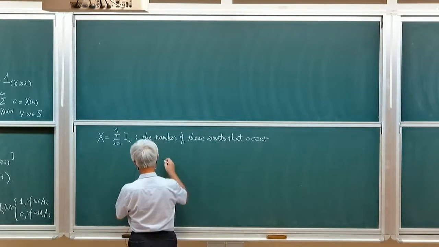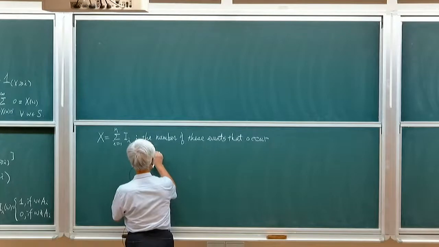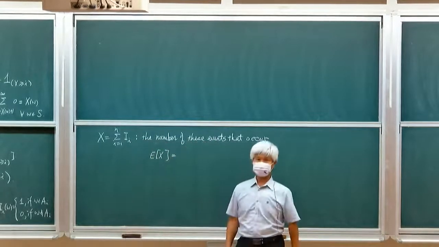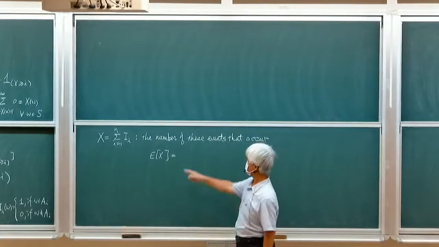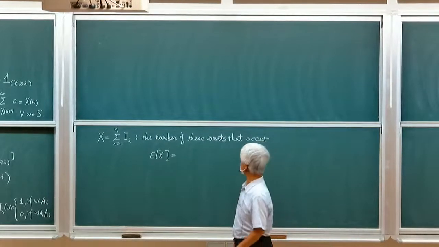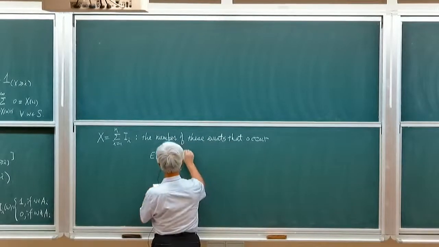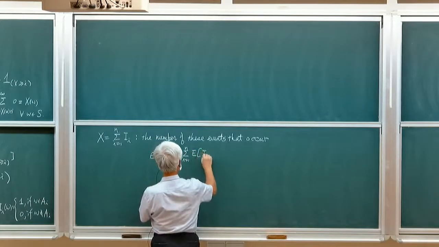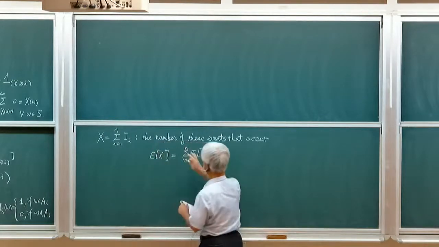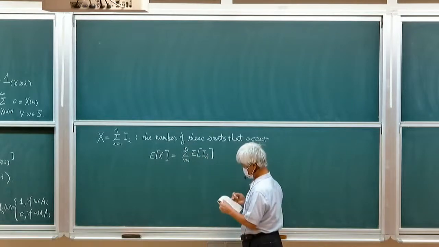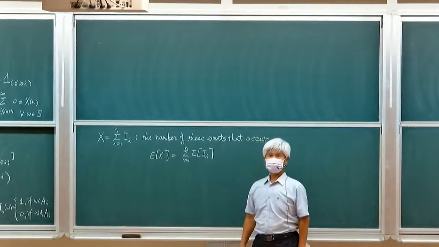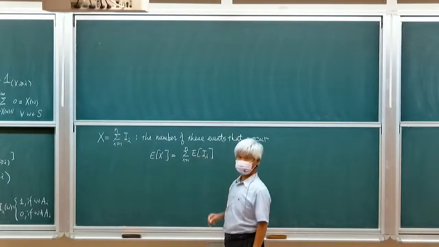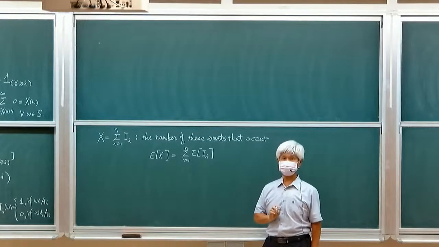And the expectation of this number of events to occur becomes the expectation of the sum of indicators. That is from the linearity of expectation.